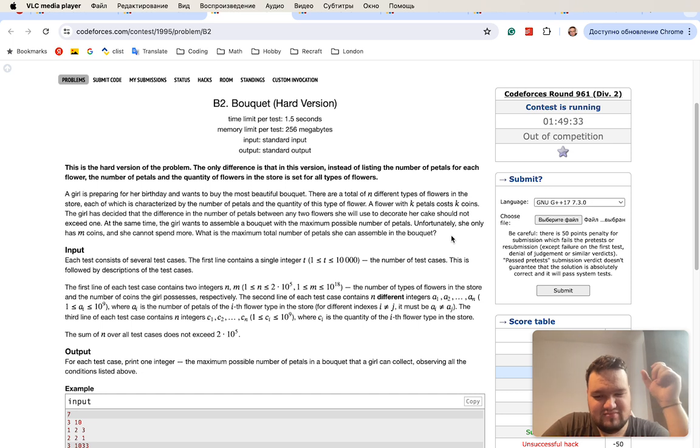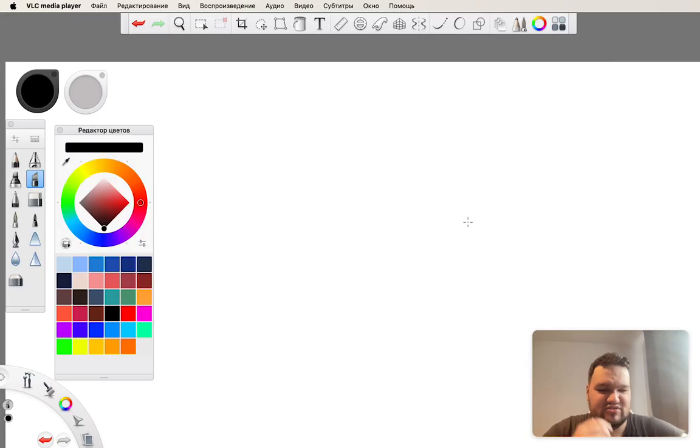And so now we kind of need to solve two cases. One case is where there is just one type, and the second case where there are two types that are different by one. Okay, so with one, it's very simple, right? We have k petals. There are just c flowers of that type.